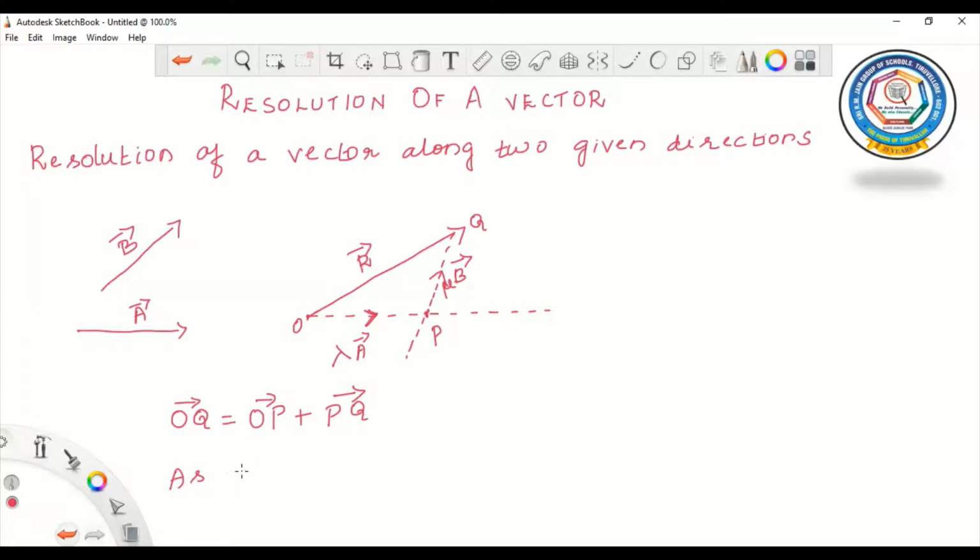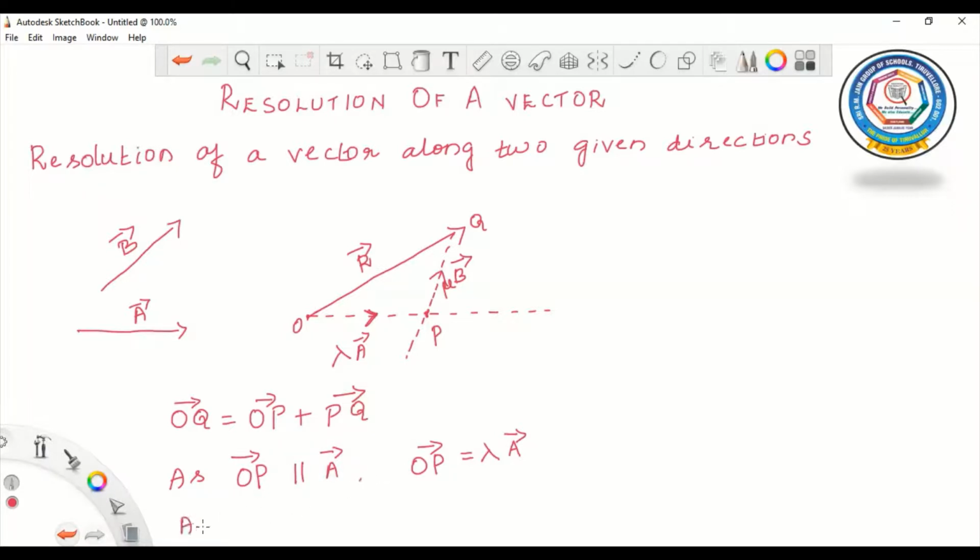So now we know that this OP, which is parallel to A vector, therefore you can write that OP is equal to lambda A vector. Actually, lambda is a scalar one.